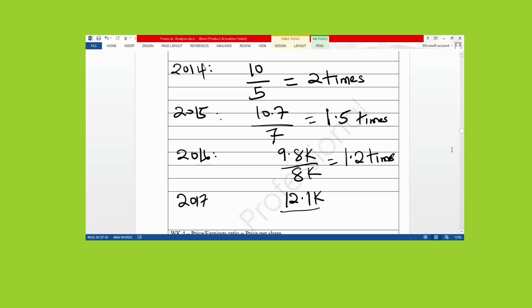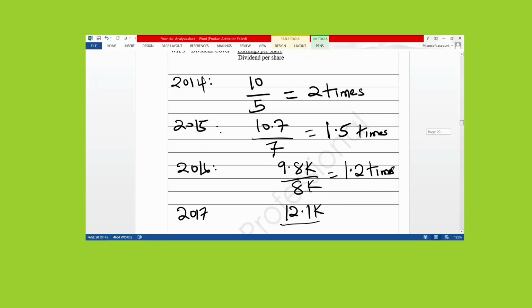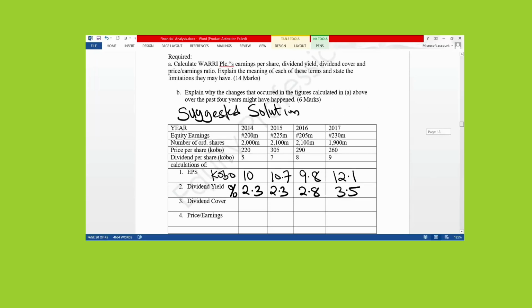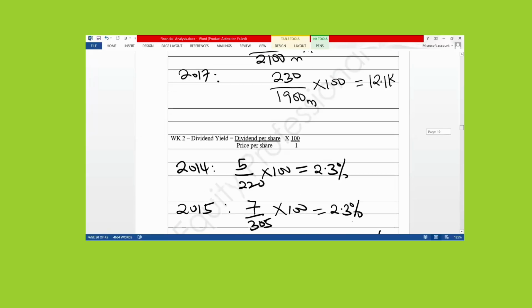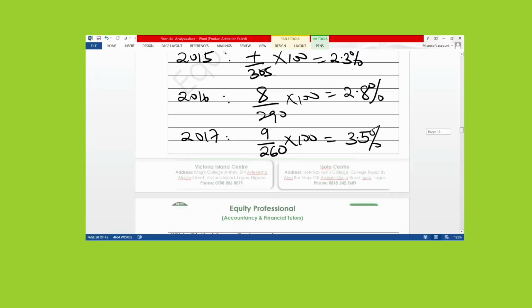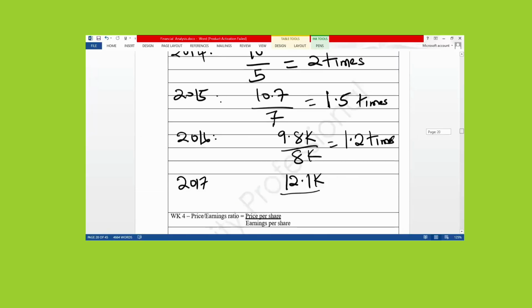Dividend per share, 9 kobo, not naira, please. It's in kobo. Please divide. 1.3 times.